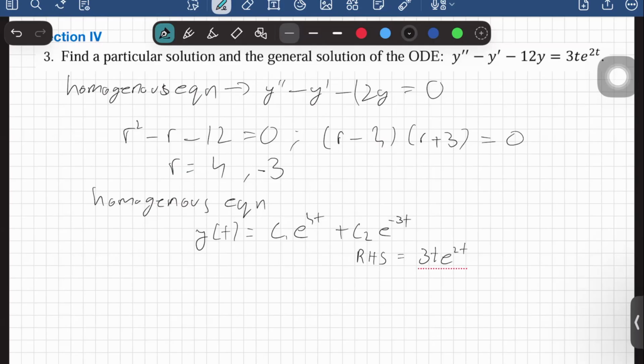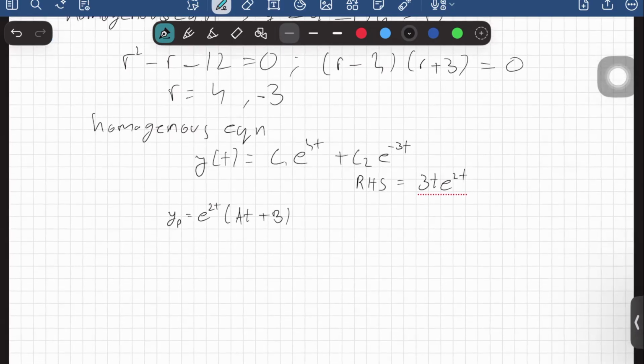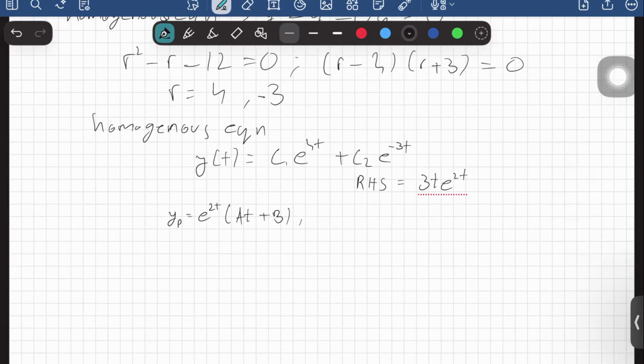If we're trying to find the particular solution, our y_p in this case would be equal to e to the power of 2t times (at plus b). And we're just going to take derivatives of this. What's the derivative of this? Let's use the product rule again, and we can find that pretty easily.